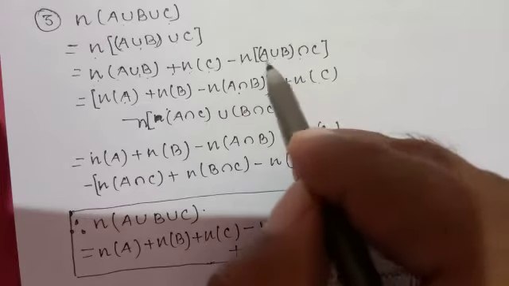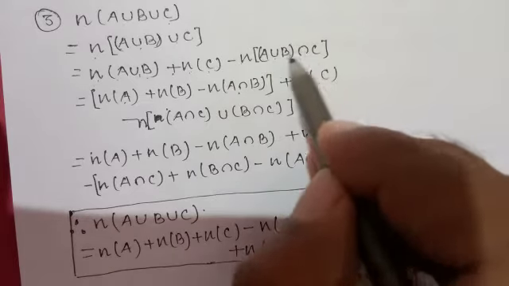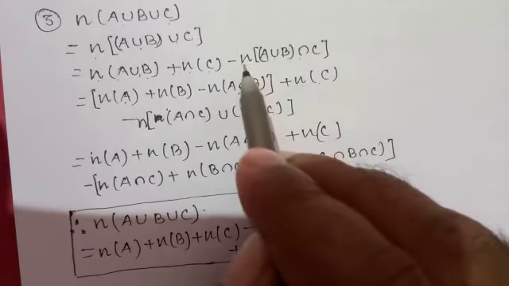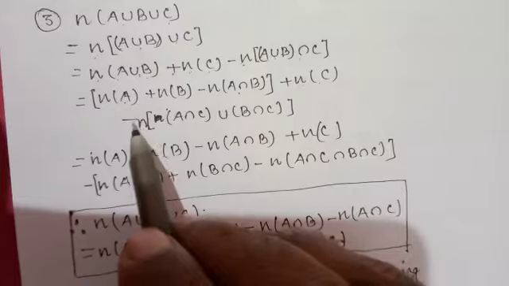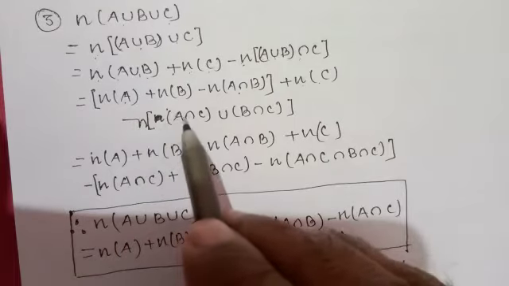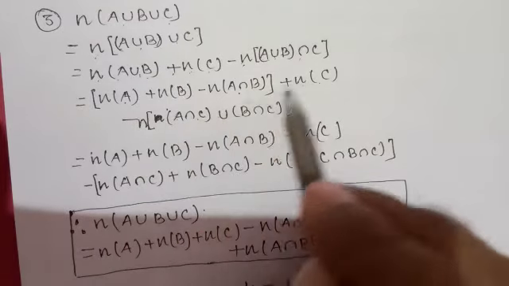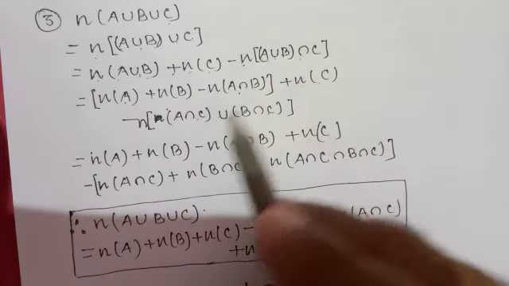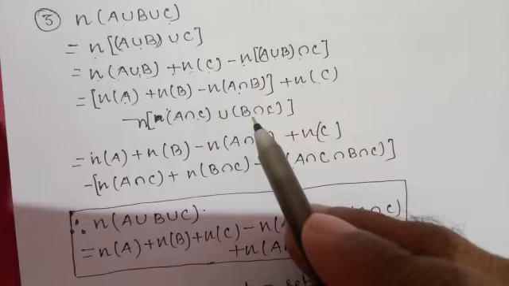What is the distributive law? (A intersection C) union (B intersection C). The number of elements is n(A intersection C union B intersection C). This is just the distributive law applied here.